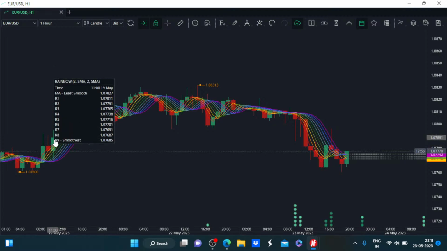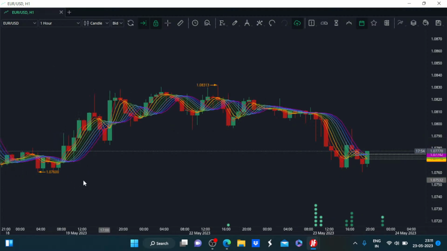If there is one clear direction for all the 10 lines of the rainbow chart, if the least smooth moving average is higher than all the other 9 moving averages, and the most smooth moving average is at the bottom, that is an indication of bullishness, a strong bullish tendency in the underlying instrument, and also the price should be moving away from the range of all the lines.